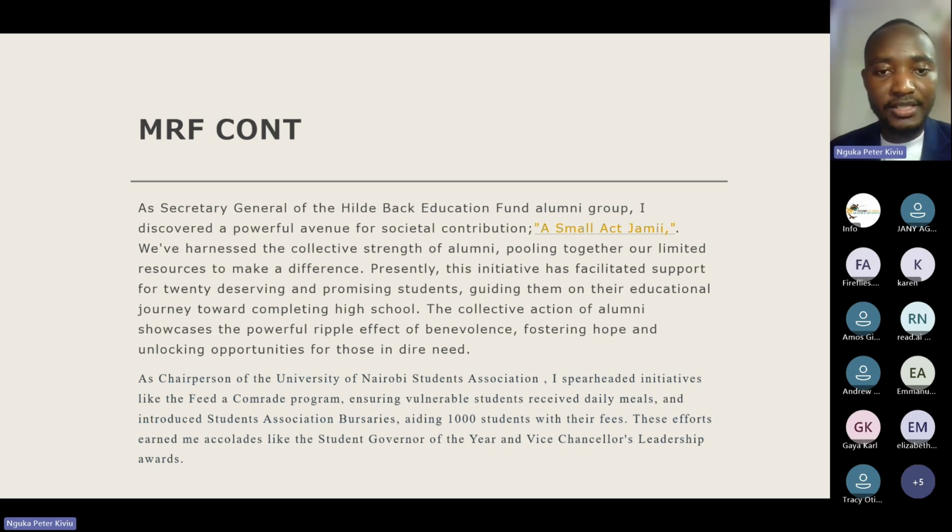Presently, this initiative has facilitated support for 20 deserving and promising students, guiding them on the educational journey towards completing high school. The collective action of alumni showcases the powerful ripple effect of benevolence, fostering hope and unlocking opportunities for those in dire need.